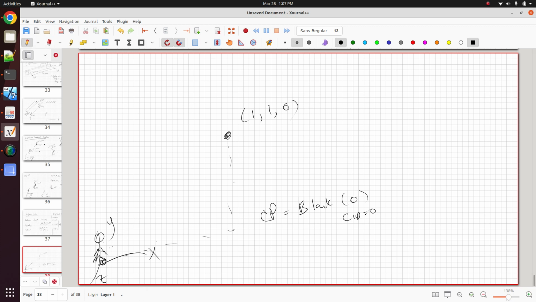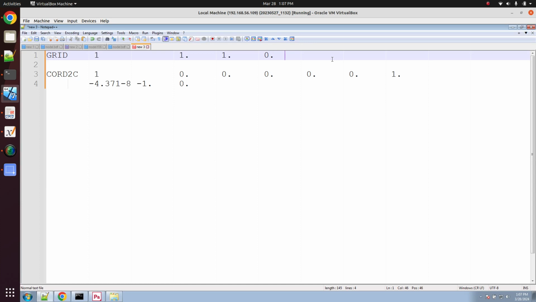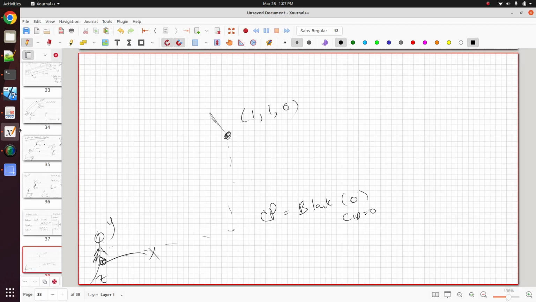And now, what if we wanted to change the displacement coordinate system? So right now, the CD field is blank. When the CD field is blank, that means it's defaulting to CID 0, which is again the basic coordinate system.